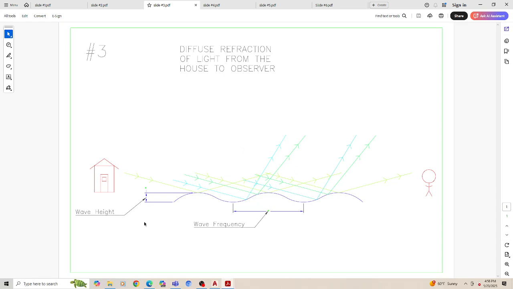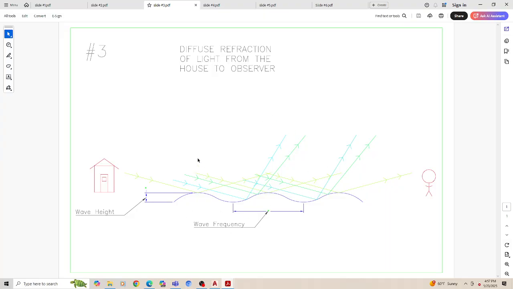So if we move into slide 3, again, we can see from what I attempted to represent in the previous slides and just pointed to off the Google search, the rays coming from the house will hit at different points on the wave height and shape. This will cause the light coming from that house to reflect at all types of strange angles.